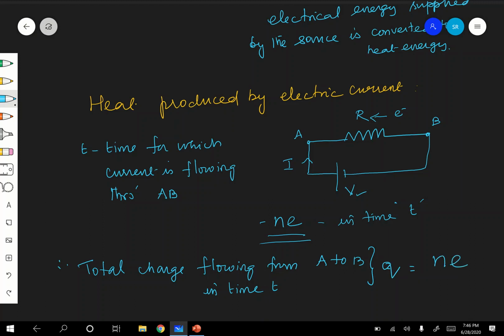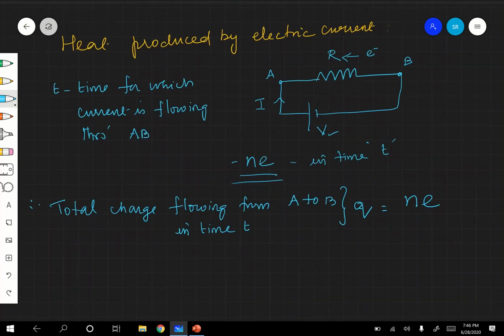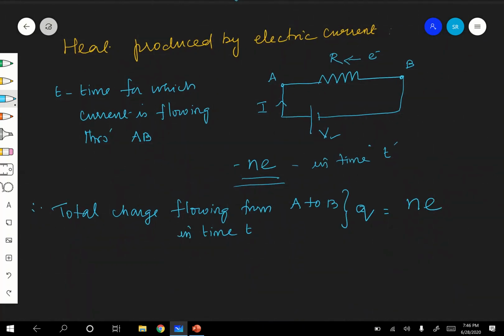Minus Ne flowing from B to A can be considered as flow of plus Ne charge from A to B. Both are the same. Is it clear? I am giving it with respect to positive charge. Therefore, total charge flowing from A to B in time t is Q equal to Ne, and that is nothing but I into t.